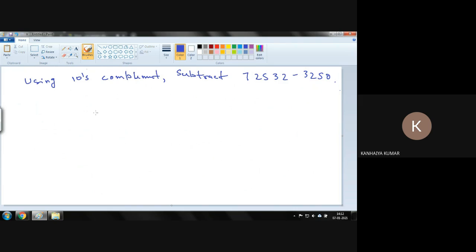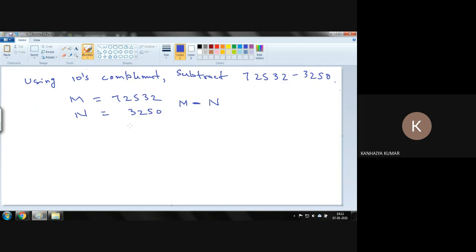So now our m is nothing but 72532, n is equal to 3250, and our operation is minus. So it is a binary operator which needs an unsigned number at the left side and an unsigned number at the right side. So we have our m and n.